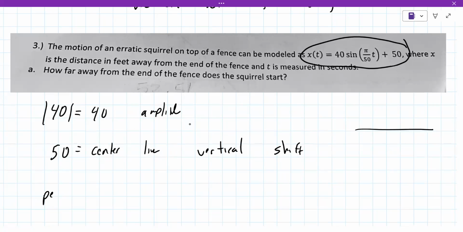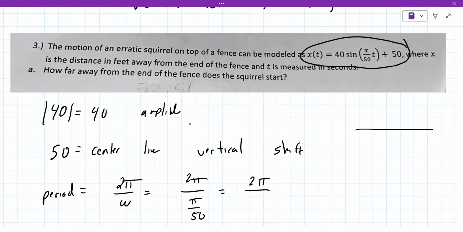And then the period, this is the one that I think is tricky, because it's not the number, it's 2 pi over omega. And in this case, omega is pi over 50. So would the pies cancel out? They do, but you got to multiply by the reciprocal. So unfortunately, it doesn't quite cancel out here.